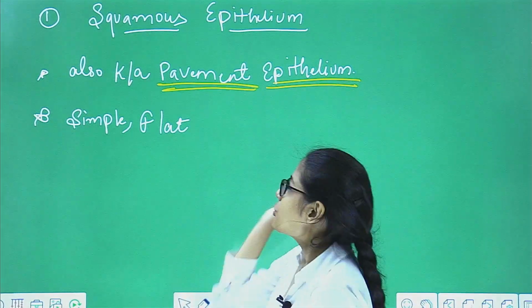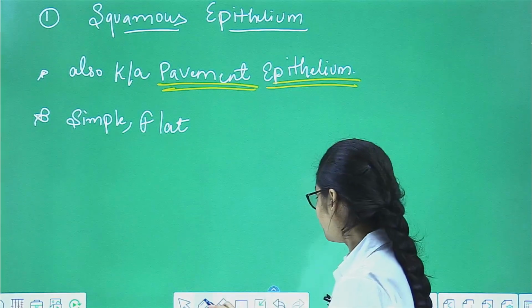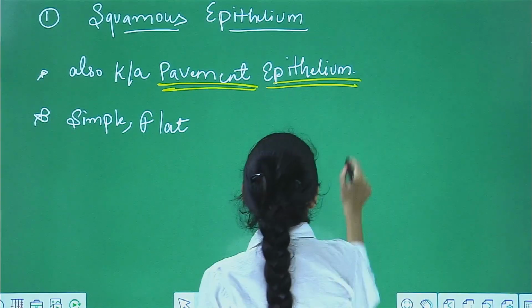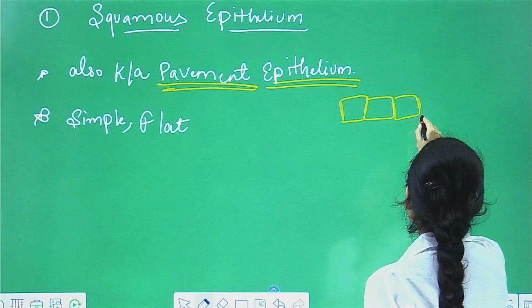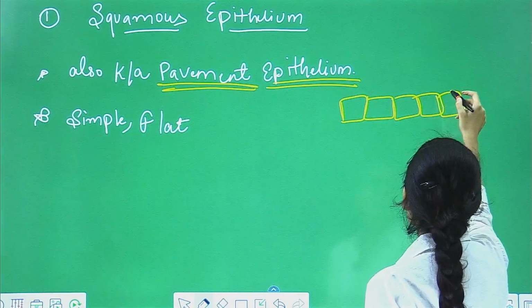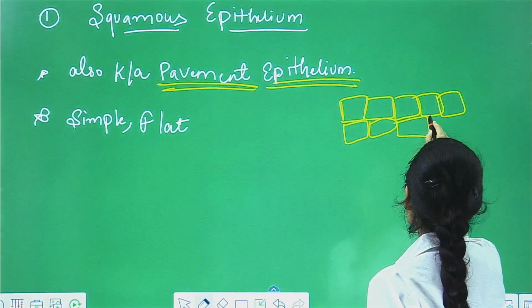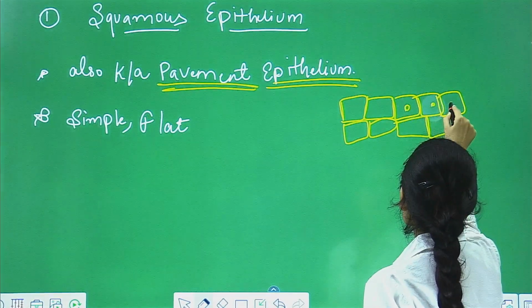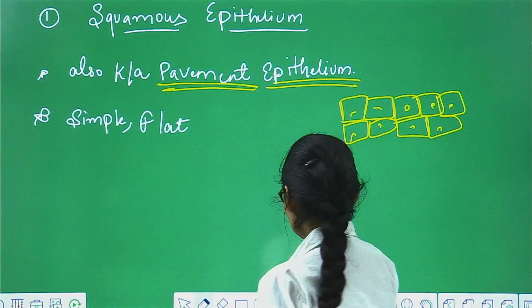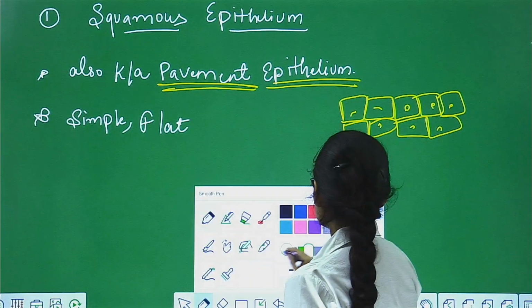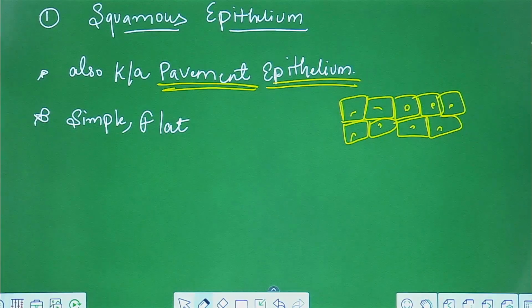So squamous means it will be square shaped, somewhat like this, tightly packed, there are no intercellular spaces between them, with the nucleus in the center, like this. So they are simple, flat.